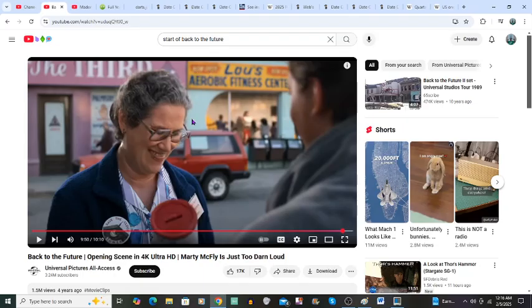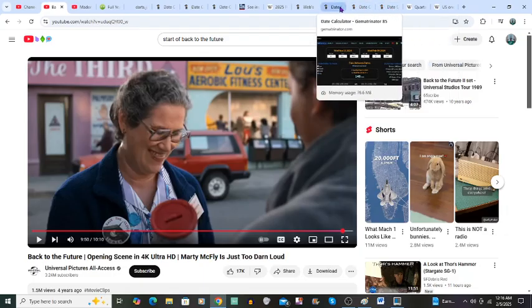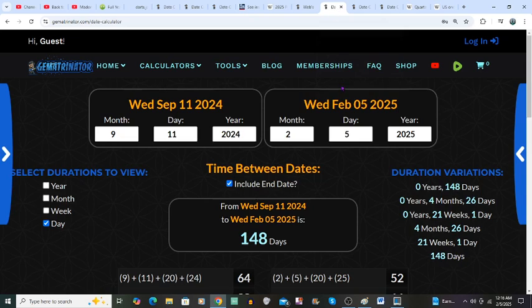I don't think I had any interesting number jumps. Oh, I wanted to show you this. From 9/11 through to 25, today's date is 148 days.